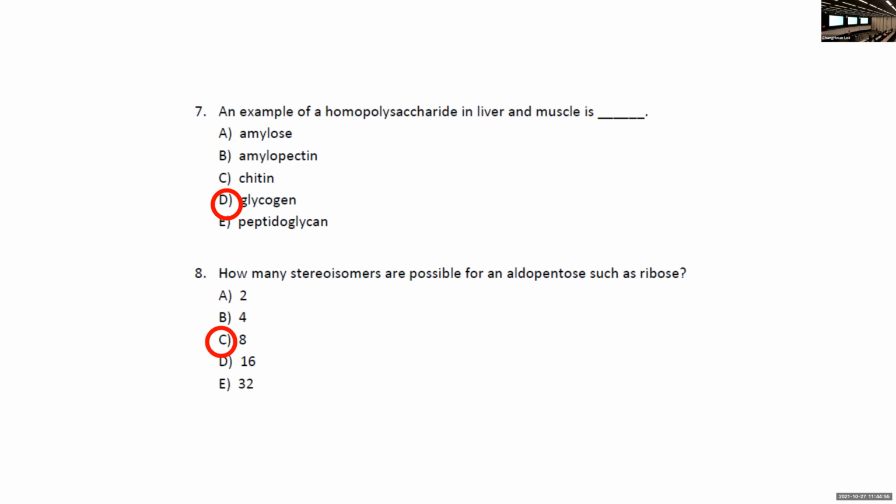Number eight, C. And it is important, right? Because you need to be able to distinguish what the chiral centers are, and the number of chiral centers is different from aldoses to ketoses. Question.